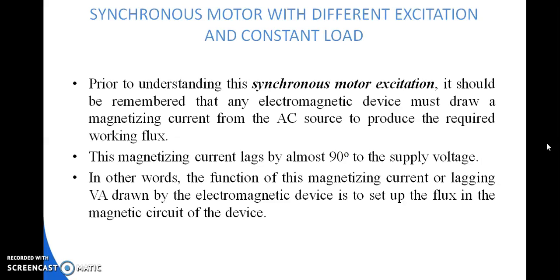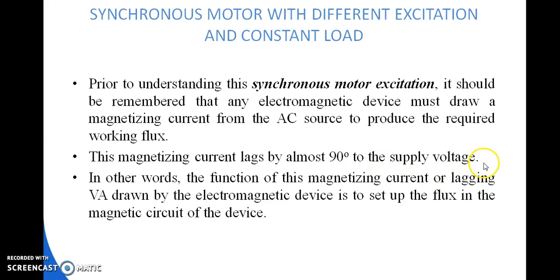Prior to understanding synchronous motor excitation, it should be remembered that any electromagnetic device must draw a magnetizing current from the AC source to produce the required working flux. This magnetizing current lags the supply voltage by almost 90 degrees.